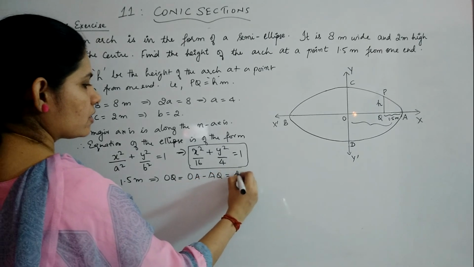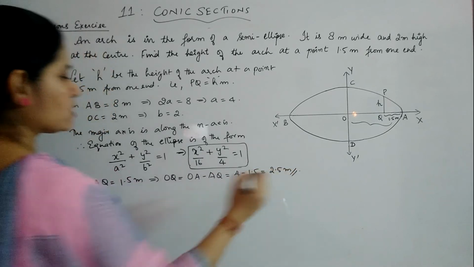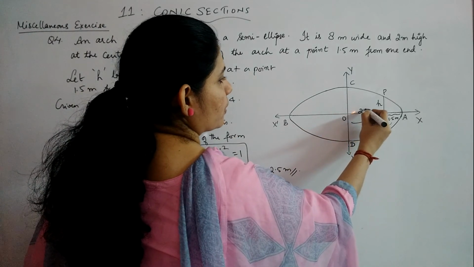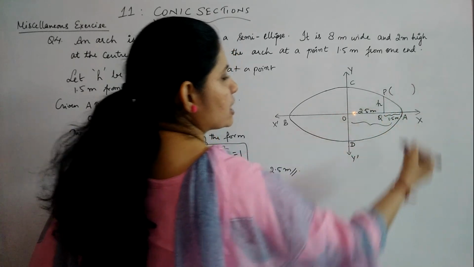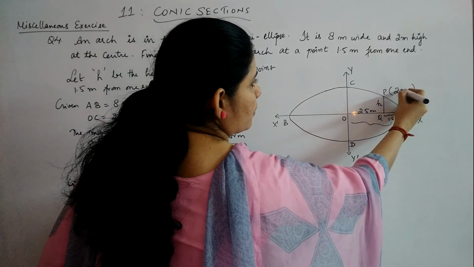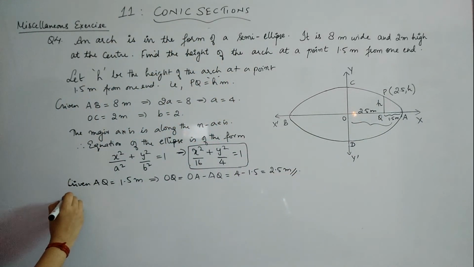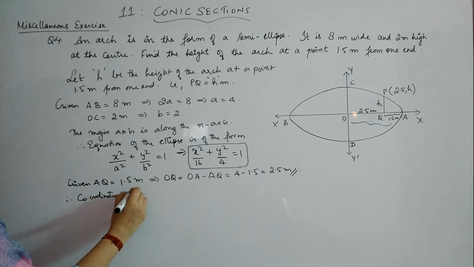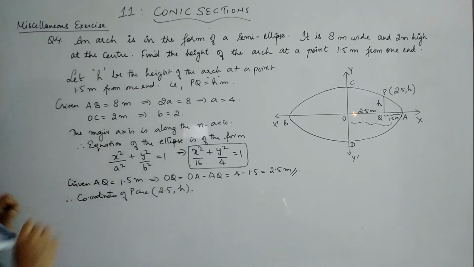That is 4 minus 1.5, which will give you 2.5 meter. So you are getting OQ as 2.5 meter. That means this length is 2.5 meter. And this we have already taken as H. So what will be the point P? It will be 2.5, H. Right? Therefore, the coordinates of P are 2.5, H. Now again, this P is a point on the ellipse.